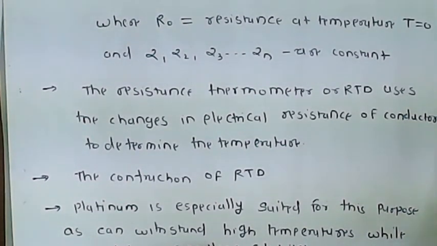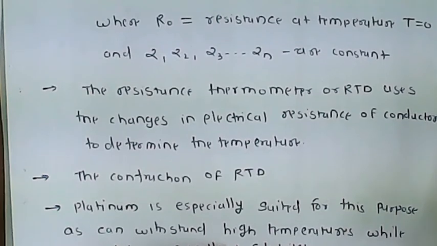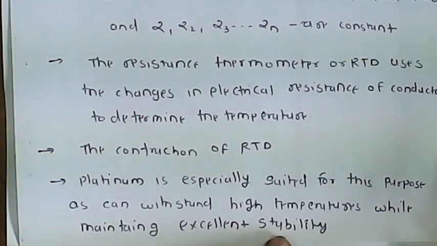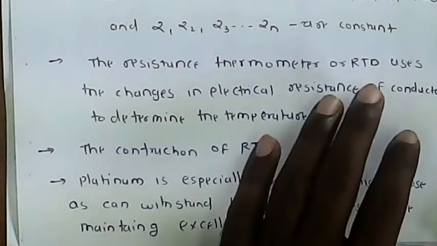The basic material most commonly used for the measurement is platinum. Platinum is specially suited for this purpose, as it can withstand high temperature. This is a salient feature of platinum, along with maintaining excellent stability throughout the operation.